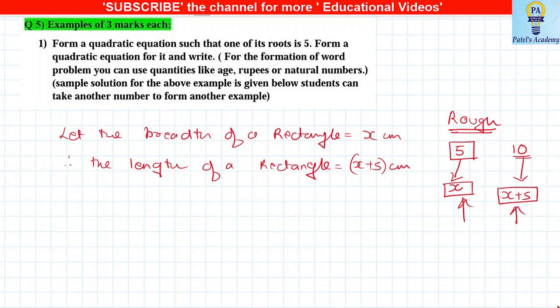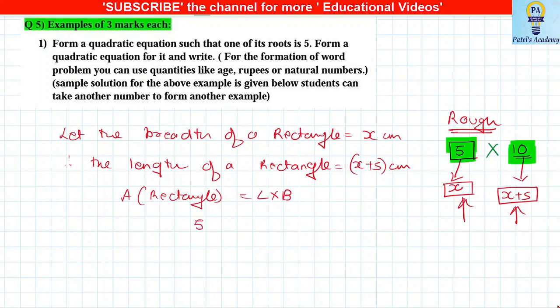Now it is a quadratic equation, so here we will have multiplication. Length and breadth are given, so the area is length into breadth. In the rough work we took the two numbers as 5 and 10, and multiplying 5 and 10 we get 50. So area of rectangle equals length into breadth.